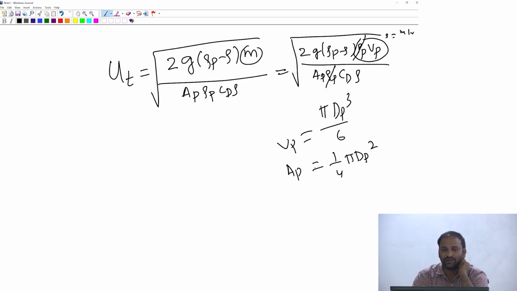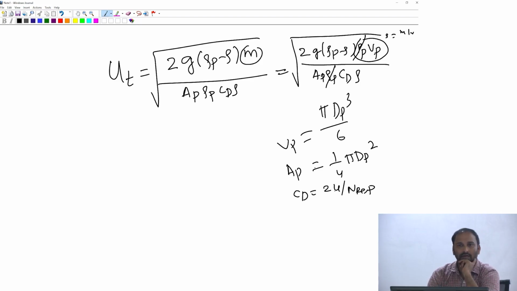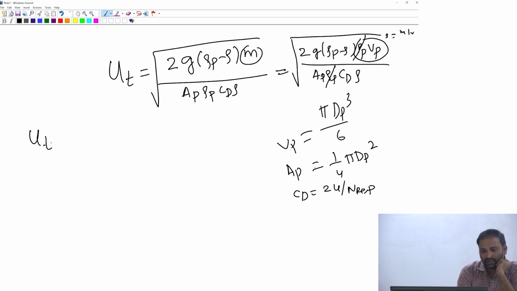So if you substitute for all of that, and of course your CD is equal to 24 by Reynolds number, right? So if you do all of that, the expression that I'm looking for is something like this, okay.